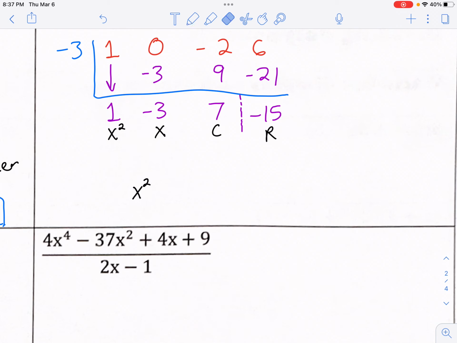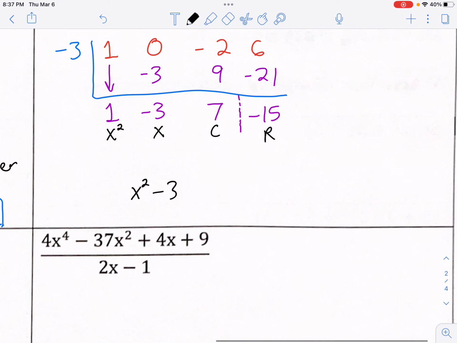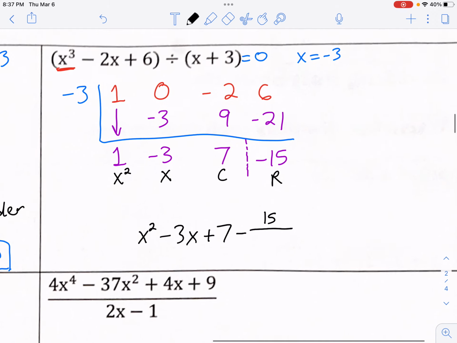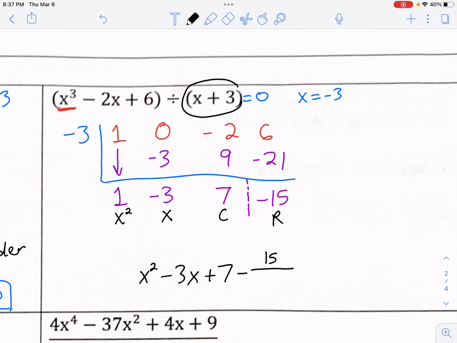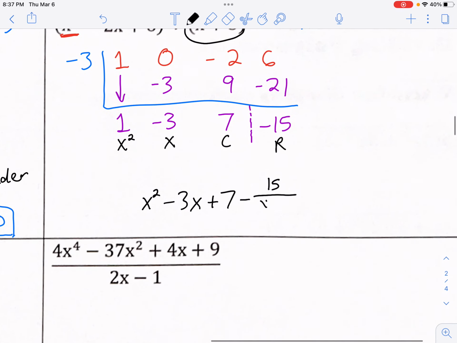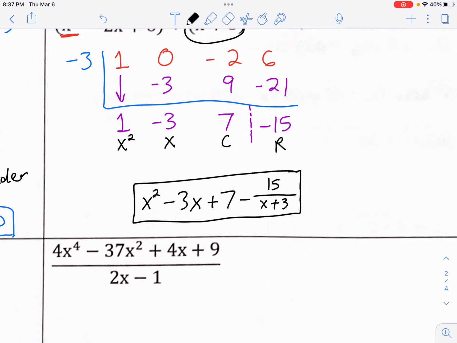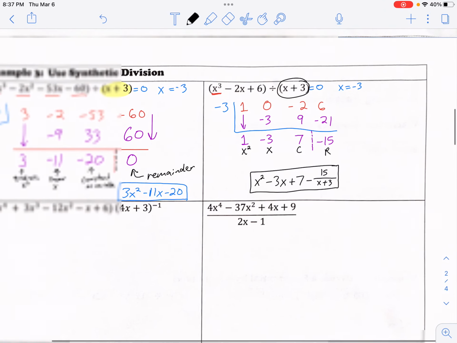You don't have to put that 1 there. Next would be negative 3x, positive 7, minus, this is the remainder, so it's going to be 15 over. And we started out with this x plus 3, so it's going to be remainder over x plus 3. All right, and that's going to be your answer for that one.